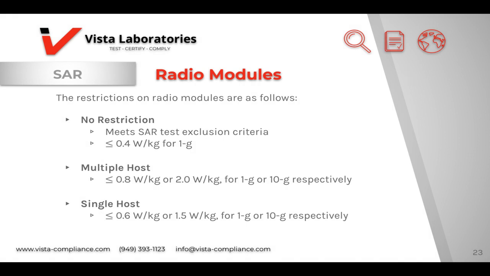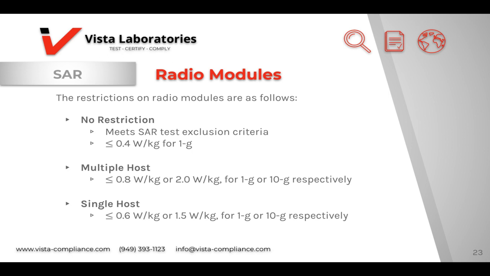So next we'll be touching on the topic of radio modules. If a radio module was approved by FCC and you want to put it in a product, what are the restrictions on that? There would be no restriction if the values of the SAR test exclusion are met. In that case, no SAR testing is required. Additionally, it would have to meet the requirement of lower than 0.4 watts per kg measured for 1 gram SAR, for a separation distance of 5 millimeters.